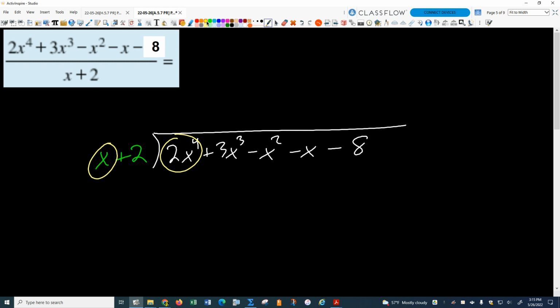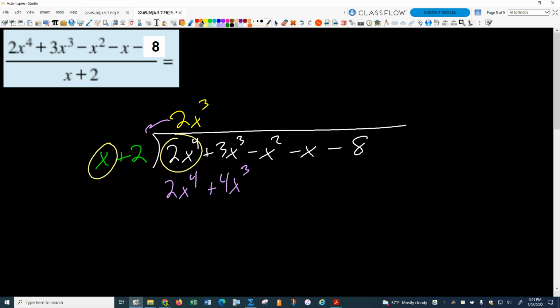So let's see here. James, x times what is 2x to the fourth? 2x cubed. Everybody good? Okay. 2x cubed, I'm going to distribute. 2x cubed times x is 2x to the fourth. 2x cubed times 2 is positive 4x cubed.